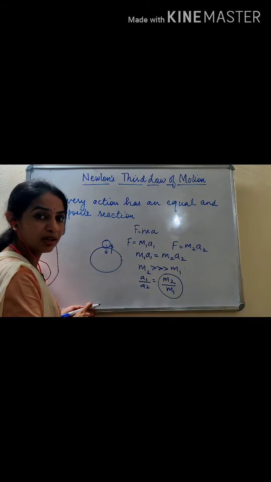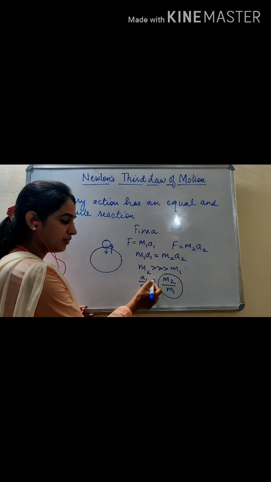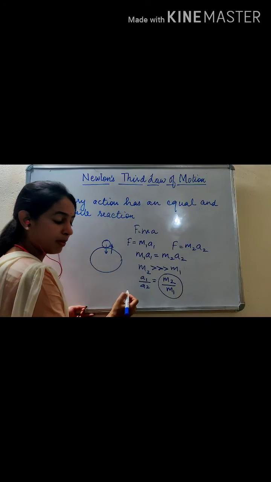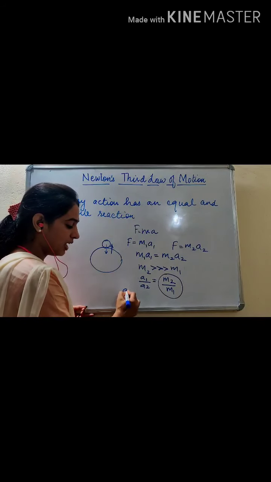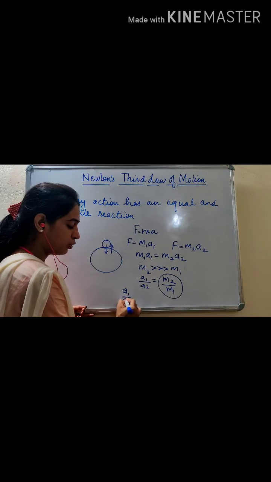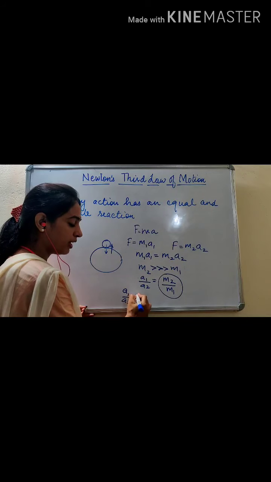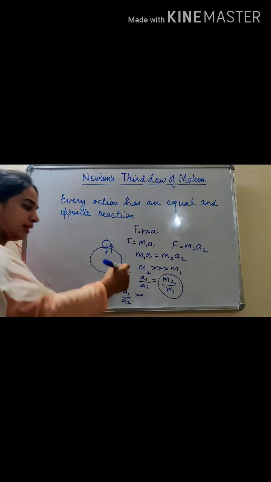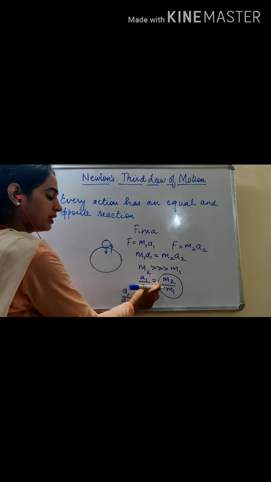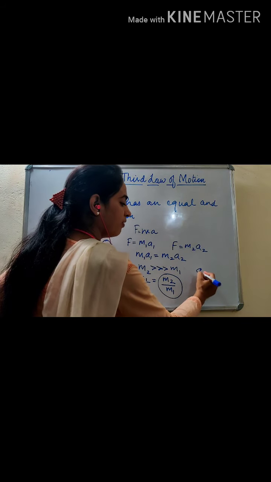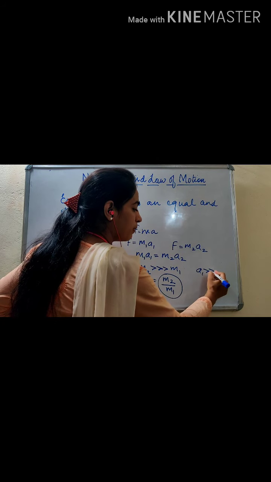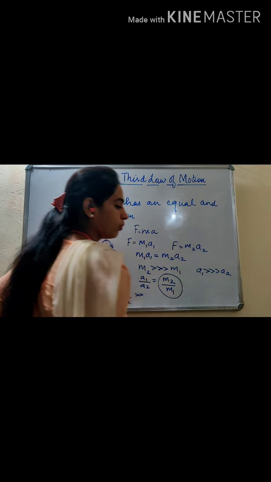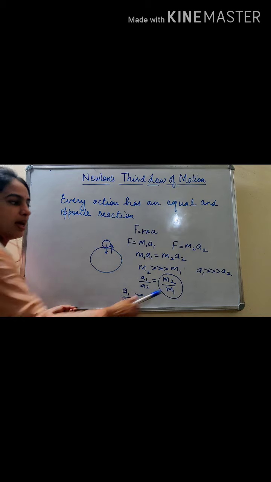That means very high. That means a1 by a2 is also very high. If you take a2 above, a1 is much greater than a2. What is a1?